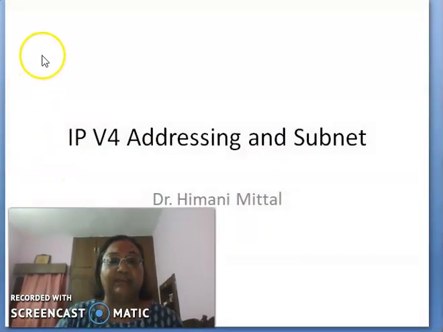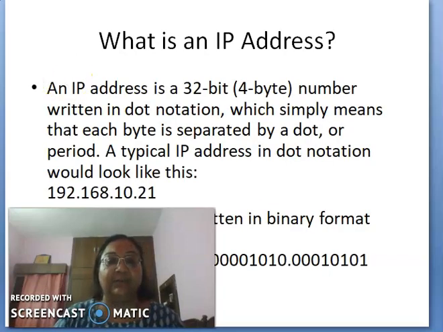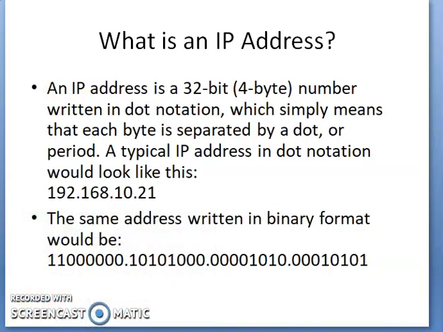So we have IP version 4 addressing and subnetting. First of all, what is an IP address? An IP address is a 32-bit number which is written in dot notation. That means we have 32 bits separated by dots after every 8 bits. Like you can see here, this is a string of 32 bits, and after every 8 bits I have put a dot.